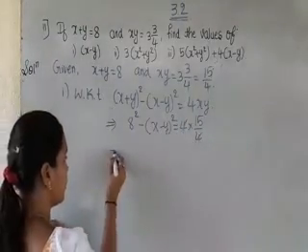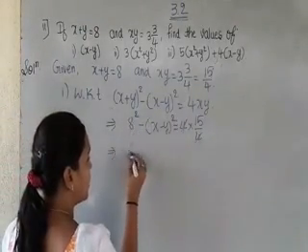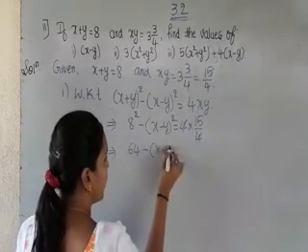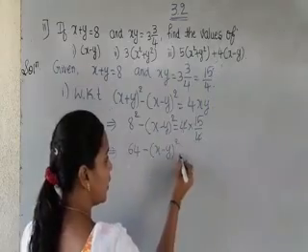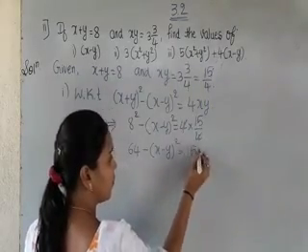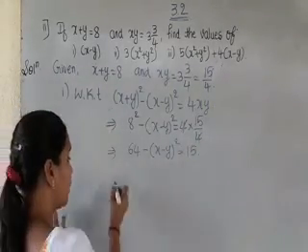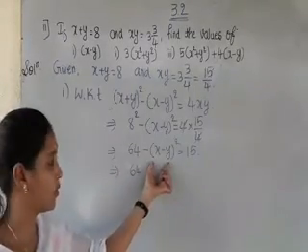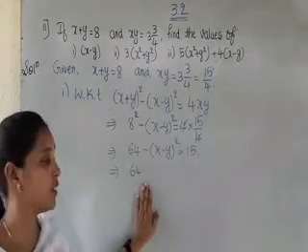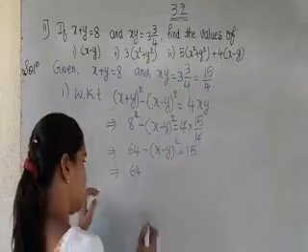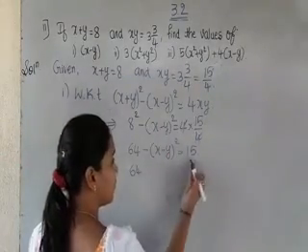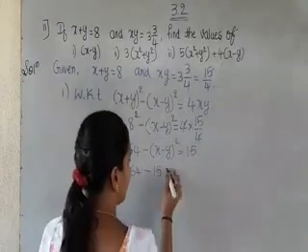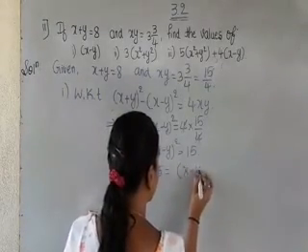So 8 square is 64 minus (x minus y) whole square is equal to 15. We have to find the value of this (x minus y) whole square. Bring all the constant terms to one side, shift this term to that side. So we will get plus 15. If you shift, it will become minus 15, is equal to (x minus y) whole square.